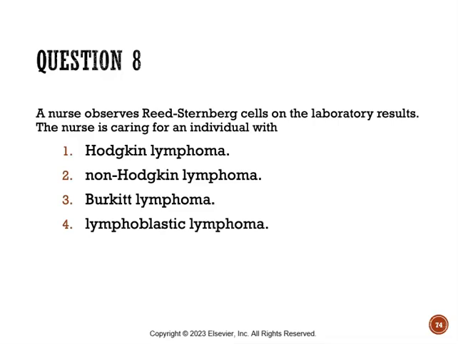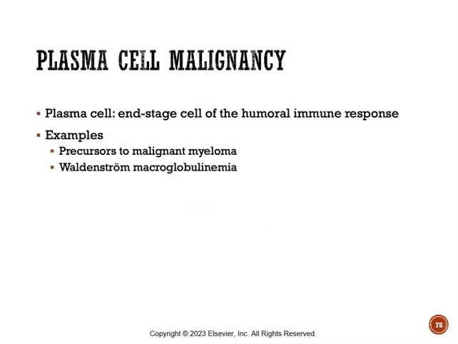They're large and often have that binuclear or mononuclear look and represent malignant transformed lymphocytes and are basically diagnostic for Hodgkin lymphoma. Now, our plasma cells were the end-stage cells of our humoral immune response.